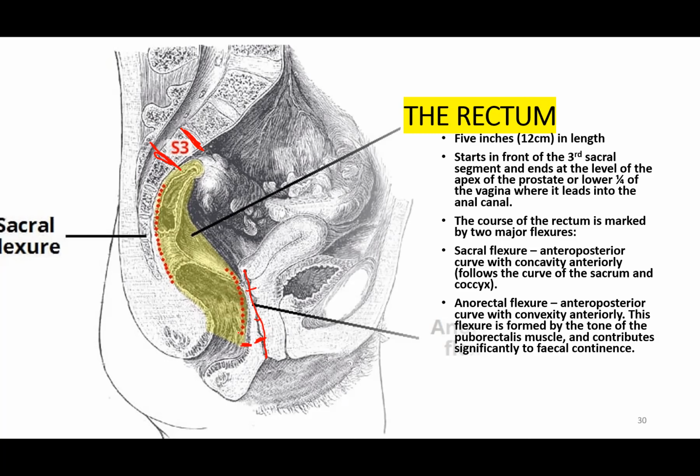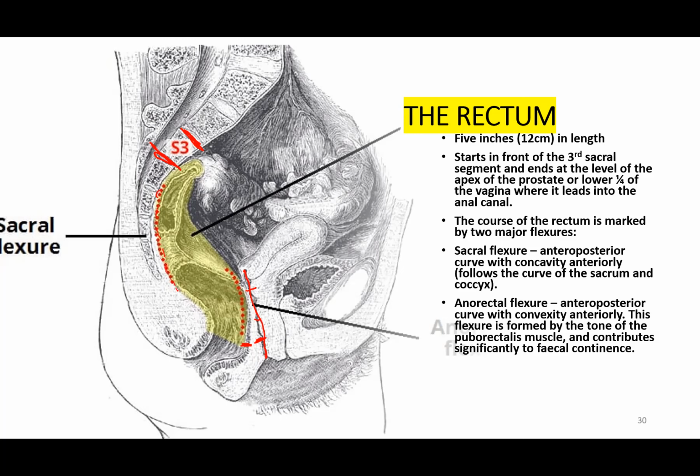Now, the course of this rectum is marked by 2 major flexures. The first one, the sacral flexure, takes the concavity of the distal sacrum.